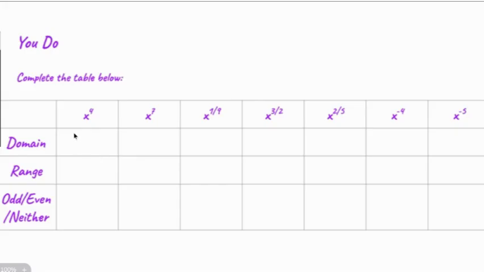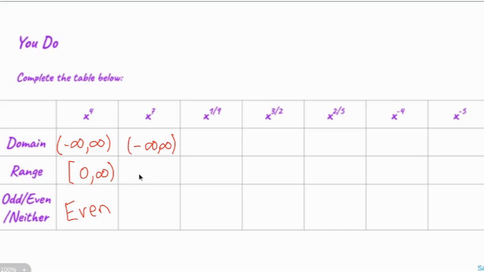All right. Domain. Two polynomial functions here. If you said negative infinity to infinity, you are right. Now the even degree monomial will always have the same range of 0 to infinity. You can put that as a fact.